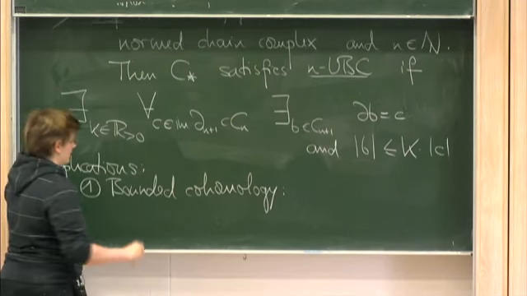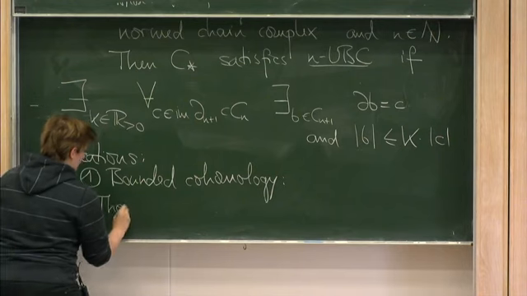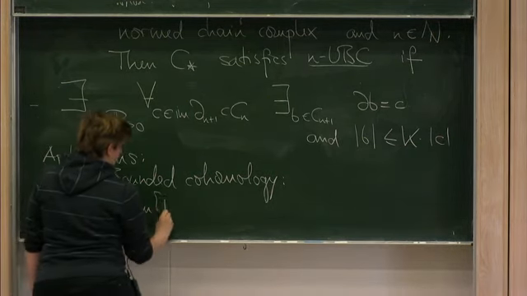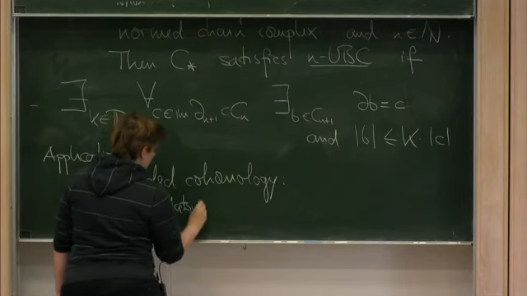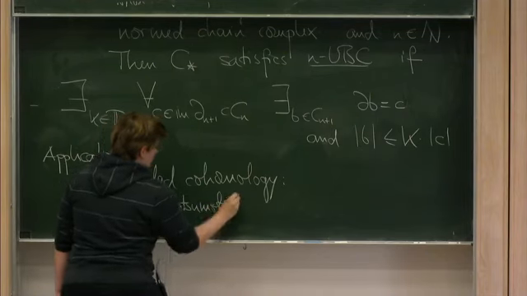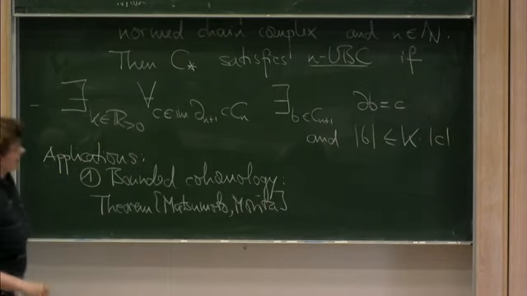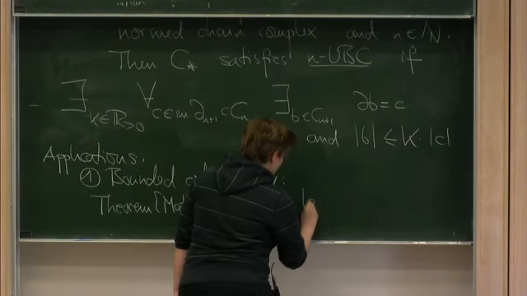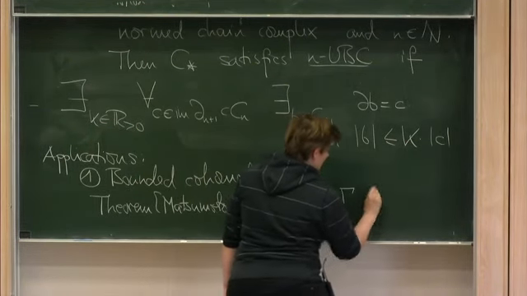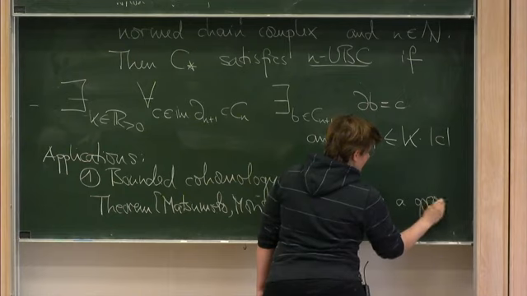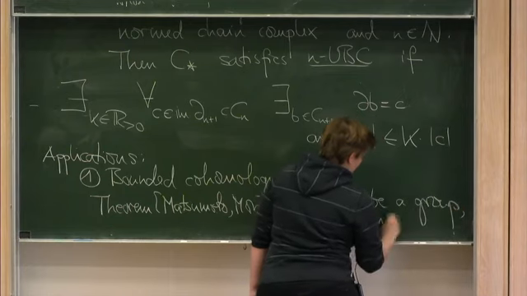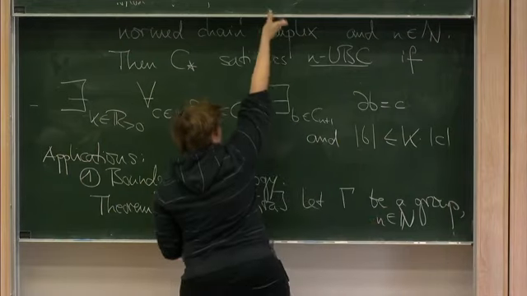So we have the following theorem, again by Matsumoto and Morita. Let's assume that we have a group, gamma, and we are given some degree. Then we have the following.